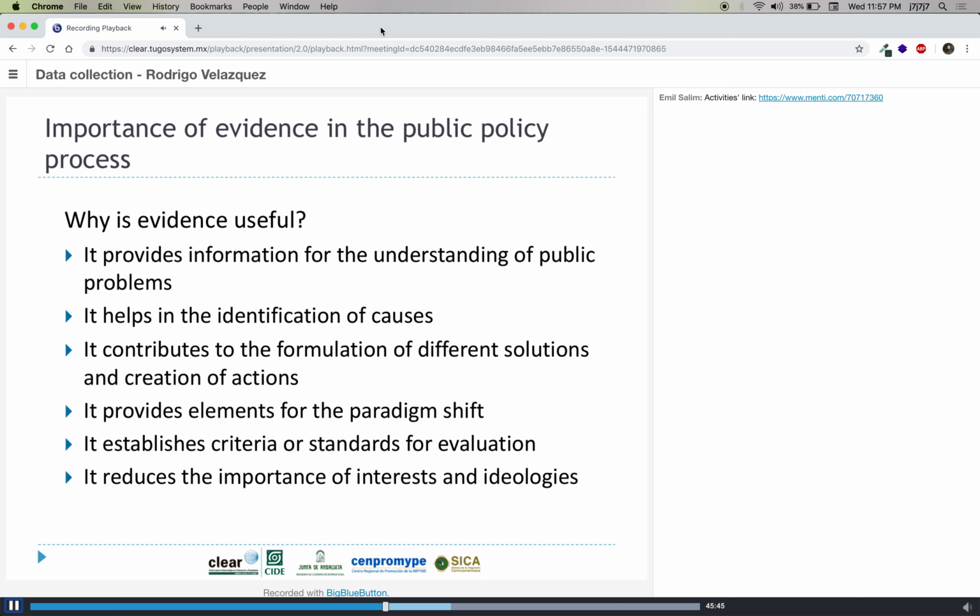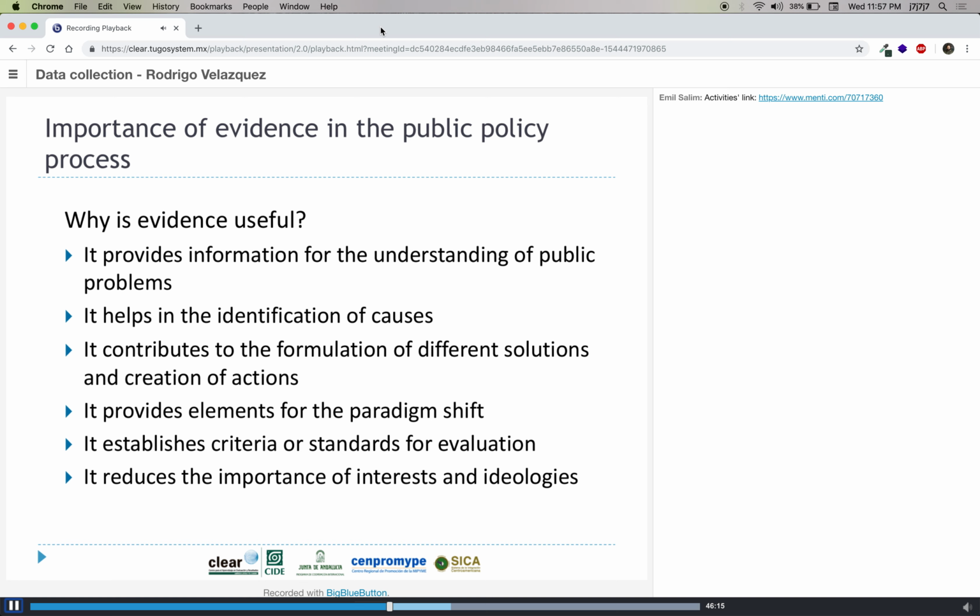When we have evidence, different types of evidence that is representative, reliable and relevant, of course, we're going to be able to understand the public problem that we want to solve. There are many complex problems, such as poverty, for instance, and it has to be studied, and we need to have different types of information to have a better understanding.